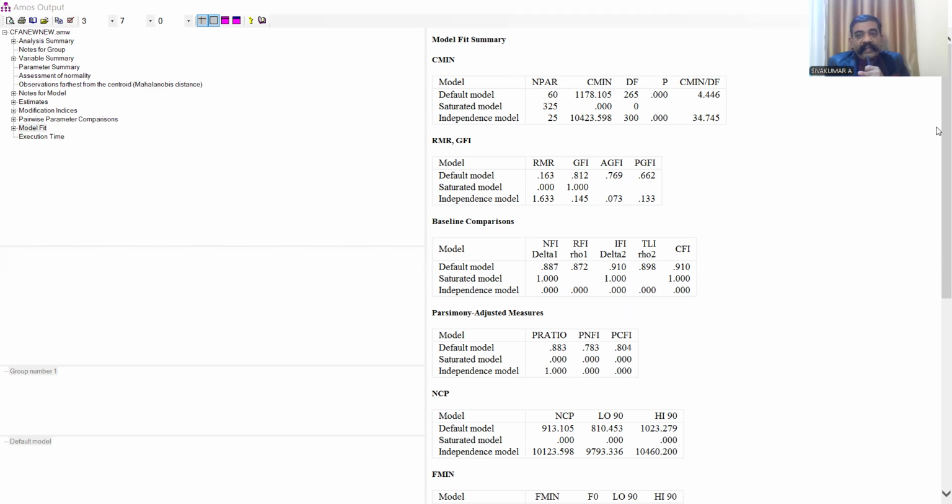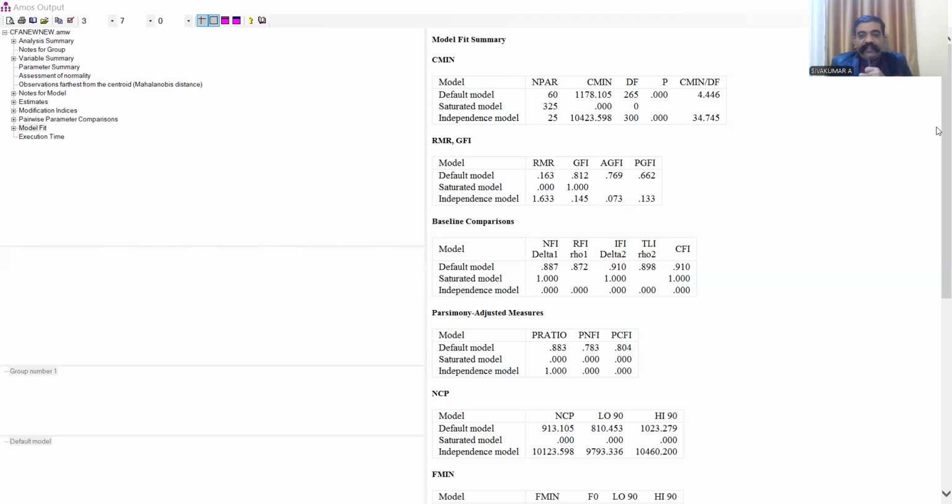To test the validity of those factors, we conducted the confirmatory factor analysis. As per the chi-square divided by degree of freedom value, those 5 factors are valid and acceptable. We may proceed with the structural equation modeling.